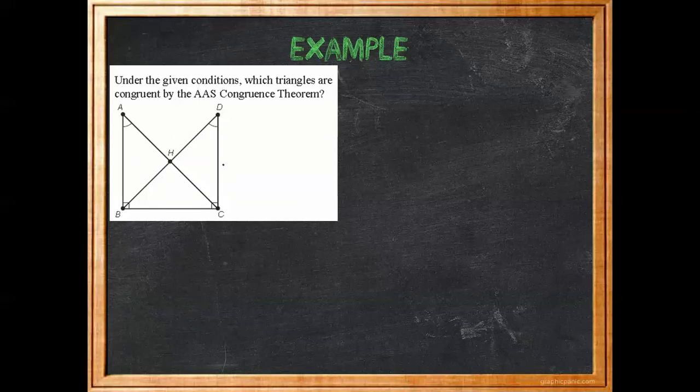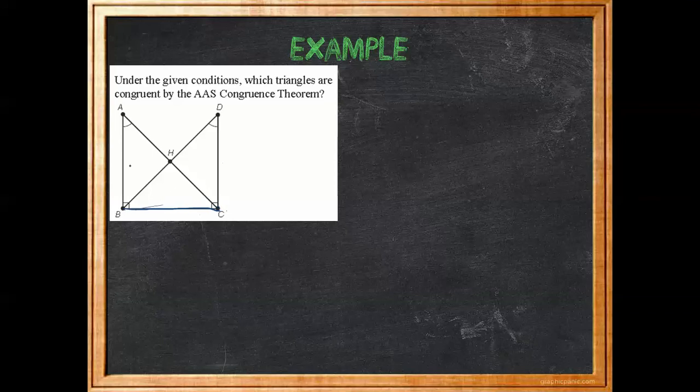What that automatically tells us is that we're looking for two triangles that are sharing a side, because that's the only way that we can prove that those sides are equal. If we look at these two little triangles right here, they don't share a side. If we look at these two big triangles, what do we notice? They share this side right here. They share BC.